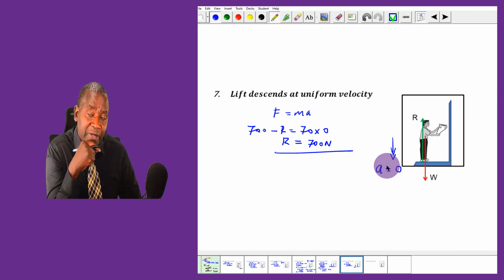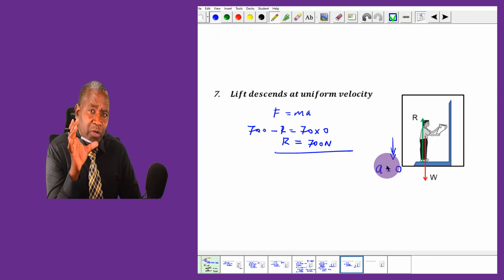So uniform velocity, or an object being stationary, shows that R is equal to W, and these are states of equilibrium. The first one, when the lift is stationary, is referred to as static equilibrium. The object is not in motion, it is stationary.